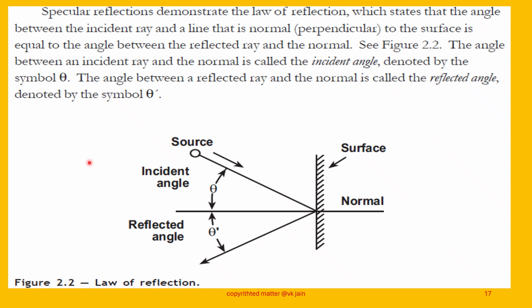Friends, this diagram shows the law of reflection. The incident angle is equal to the reflected angle, then it is known as the normal law of reflection.